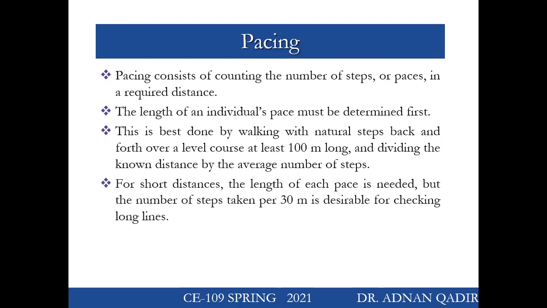In order to calibrate it, we walk the natural steps back and forth over a level course for at least 100 meters, or 328 feet, and divide the known distance by the average number of steps. For short distances, the length of each pace is needed, but the number of steps taken per 30 meters is desirable for checking long lines.